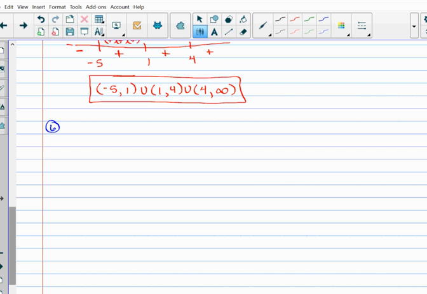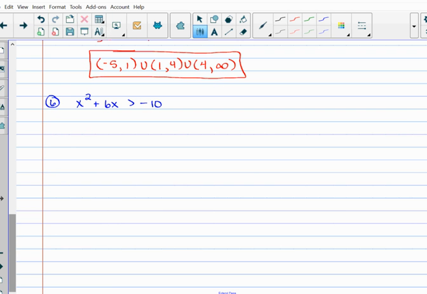All right, let's say we have x squared plus 6x is greater than negative 10. Okay, jot it down and then let's talk about it.